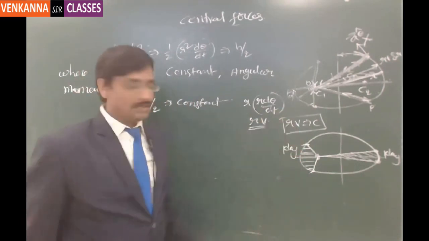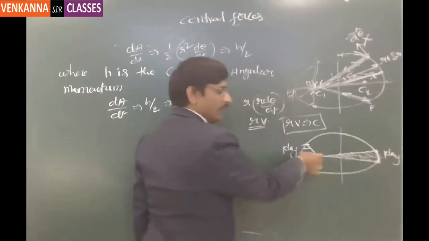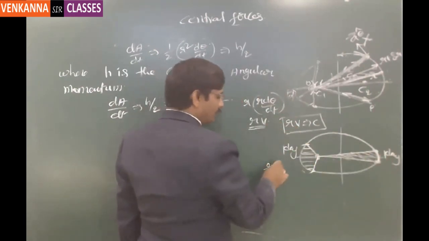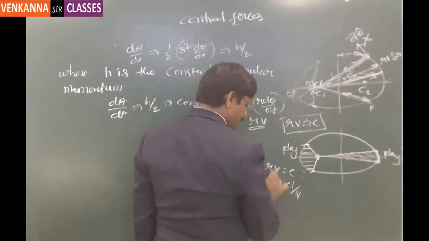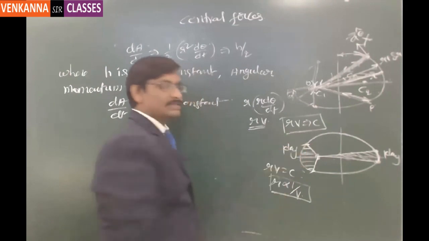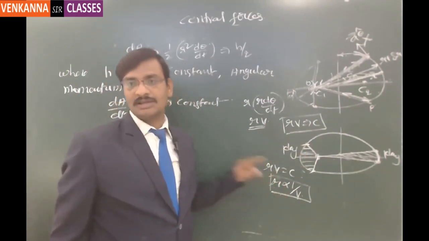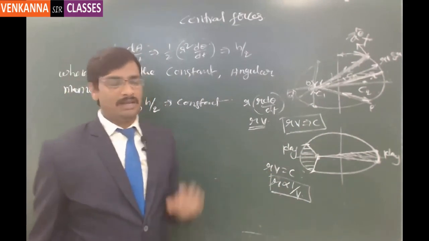Because of this reason, more radius and less velocity, less radius and more velocity, because with rv being constant, r is inversely proportional to the velocity. So the more the radius, the lesser the velocity. The more the velocity, the lesser the radius. That is an important fundamental property of any planet.